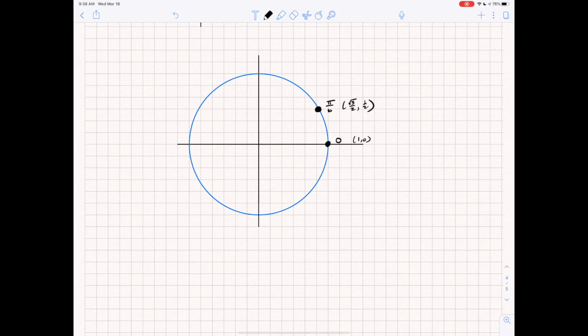We've got pi over 4, which is roughly about right here, as root 2 over 2, root 2 over 2. We've got here is pi over 3, and this was 1/2 root 3 over 2. We got pi over 2, whose coordinate was 0 comma 1.